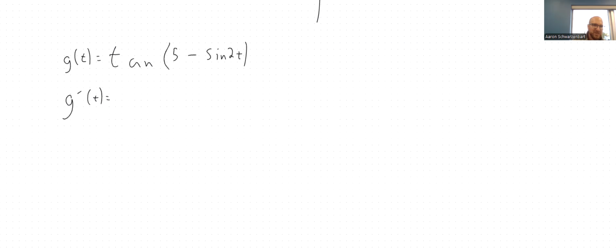What's the outermost thing? Tangent, whose derivative is secant squared. Leave the inside alone. Now I start multiplying by the derivative of the inside. Cosine. So the 5 is a 0, right? Negative sine is cosine.